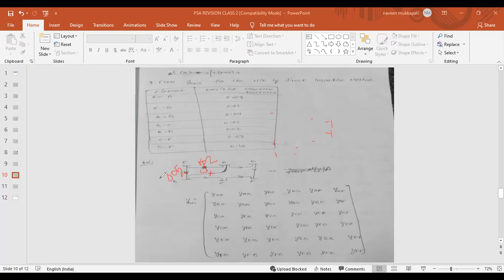Next, B to C. This is the fourth element, B to C, 0.01. Next, A to D, the fifth element, 0.02. Next, C to F, 0.07. Next, D to F, 0.10.